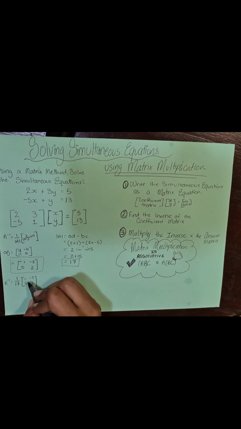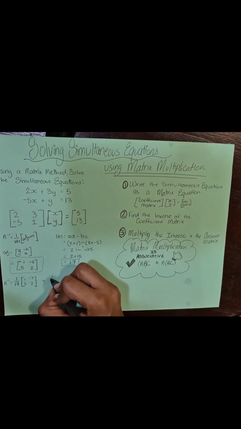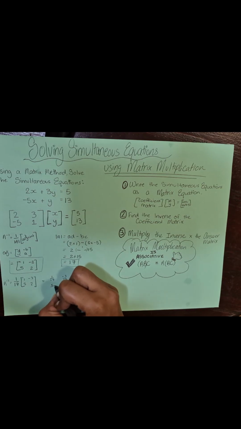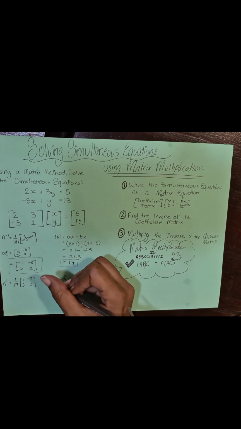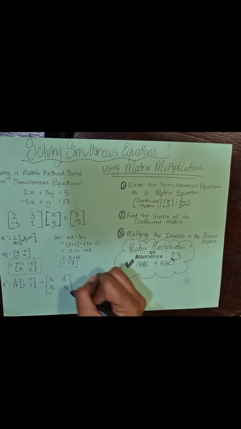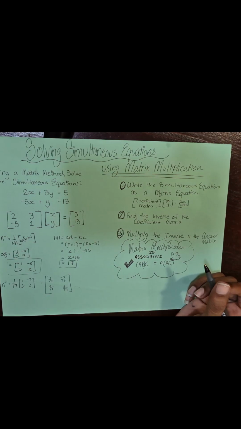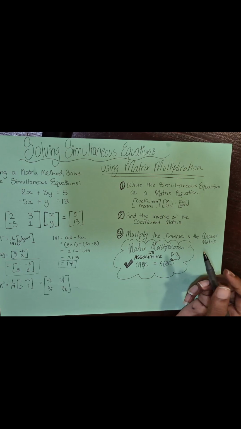We just put everything over the same denominator. So that's going to be 1 over 17, negative 3 over 17, 5 over 17, and 2 over 17. Right? That's the inverse. So that was step 2.